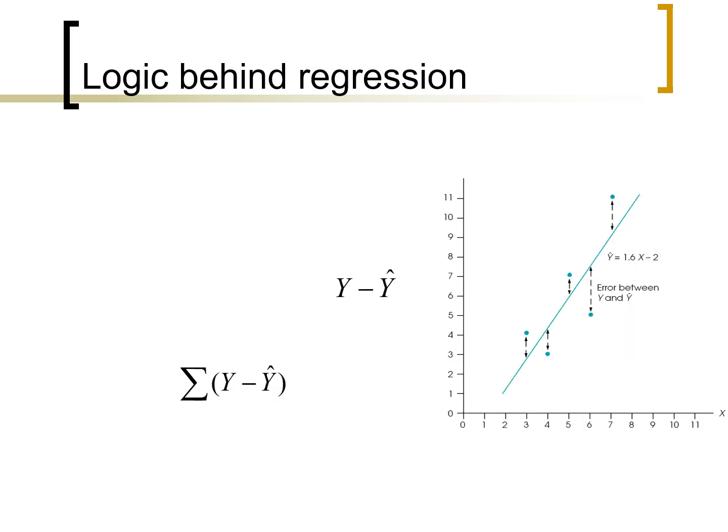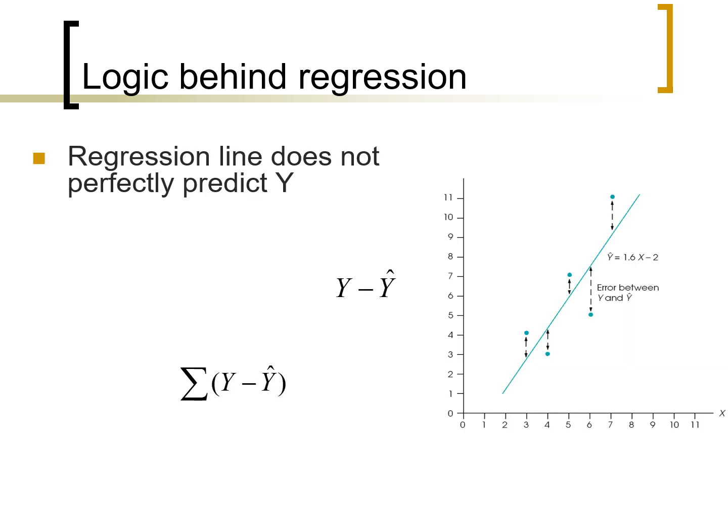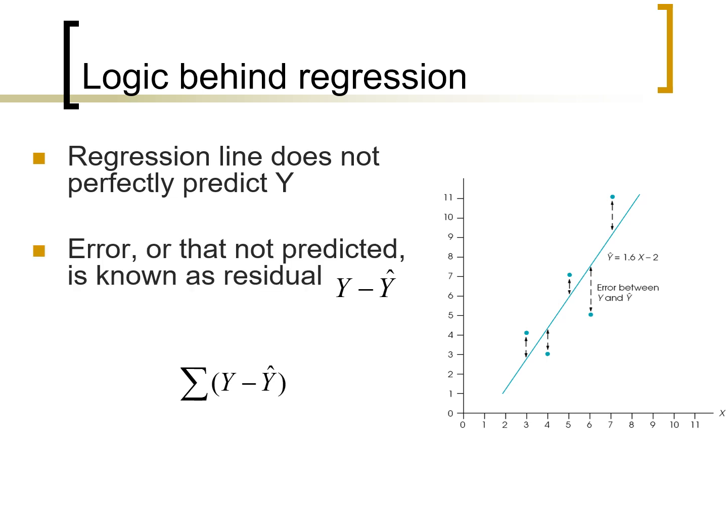So the logic behind regression is that our regression line does not perfectly predict the y. So what is that imperfection? Well, that level of imperfection is known as residuals. Essentially, you can take the actual y value, compare it to what the predicted y would be based on this x value, and that distance is what's known as a residual.